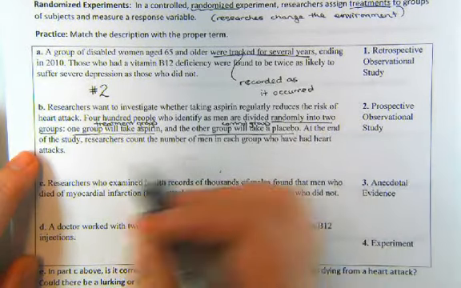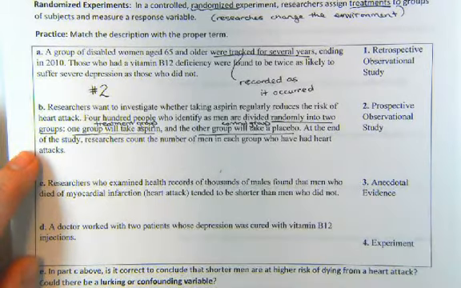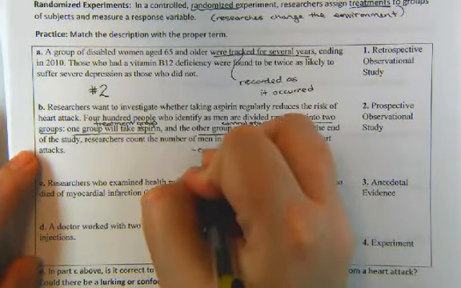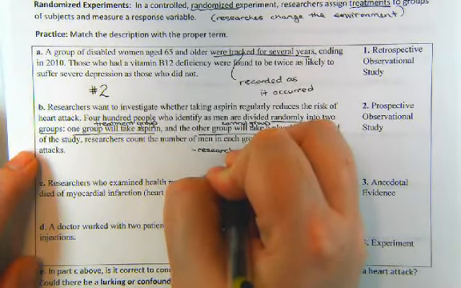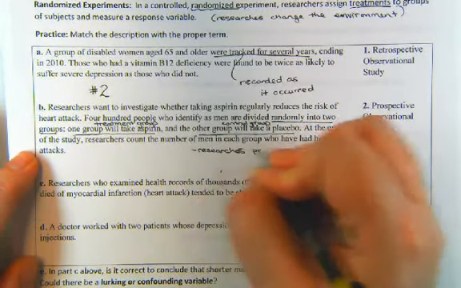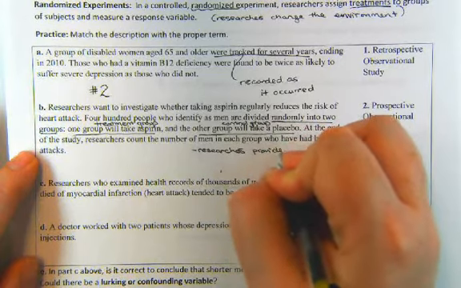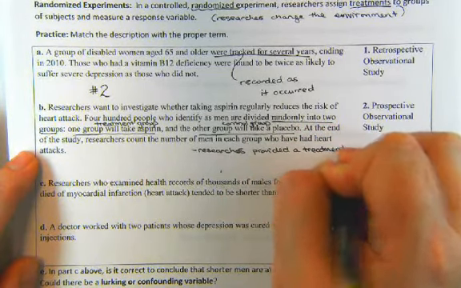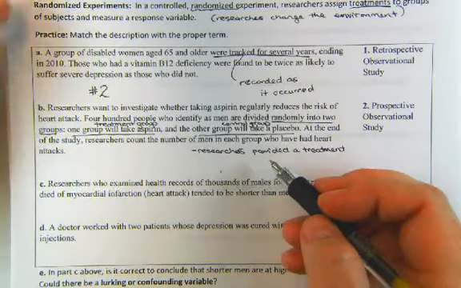So in these pieces, the researchers provided a treatment, and they had a control group and a treatment group, and they were randomly assigned. All of this leads to a randomized experiment. So this would be number 4.